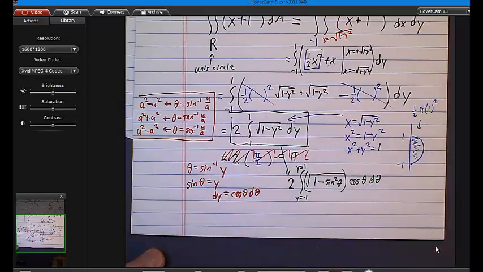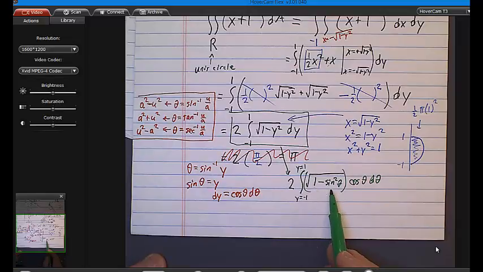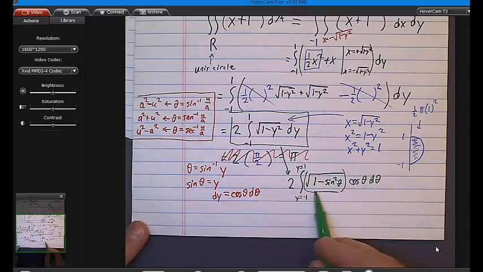Okay, I'll keep them. What's the square root of 1 minus sine squared theta? What's 1 minus sine squared? Cosine squared. Right? If I take the square root of cosine squared, I get cosine. So this is a cosine of theta, right? All this parentheses.